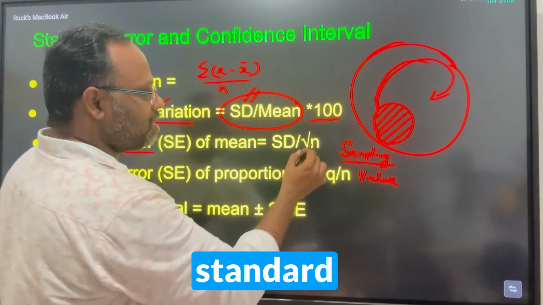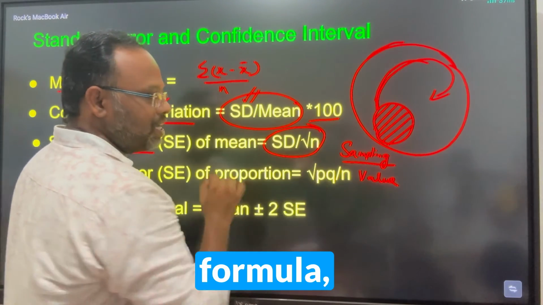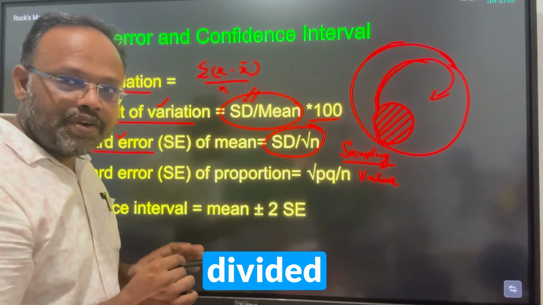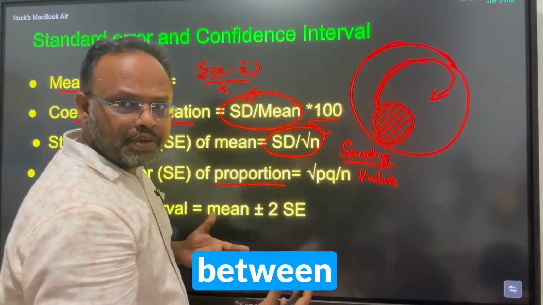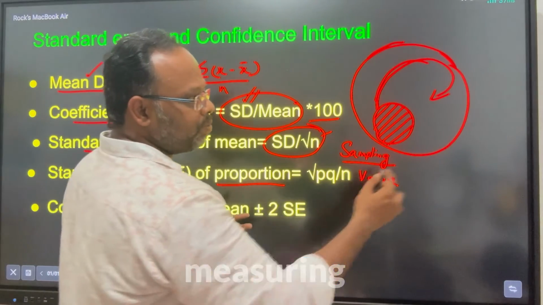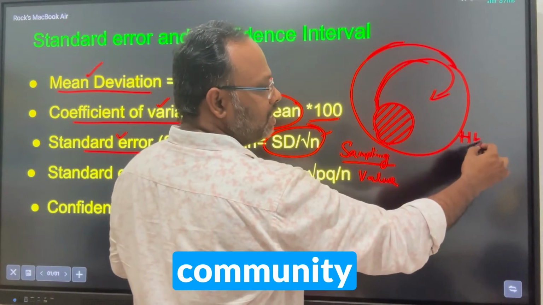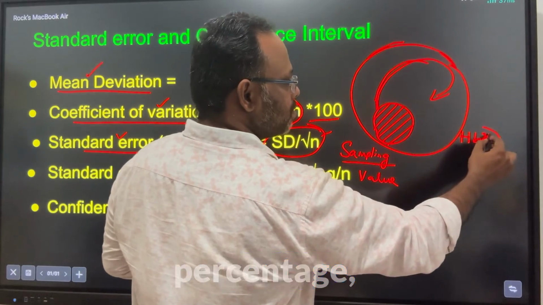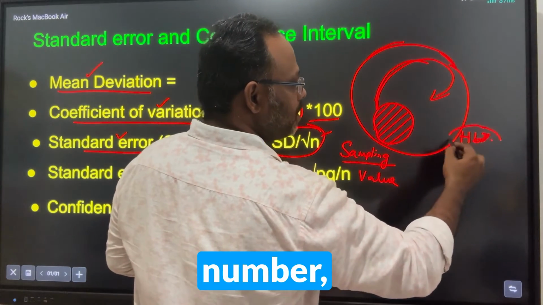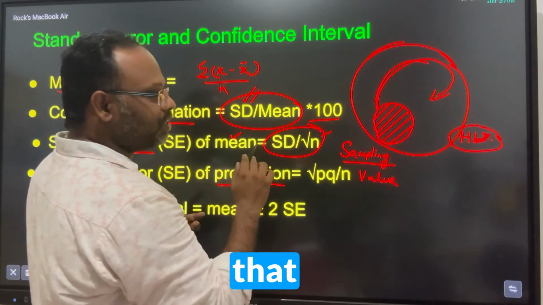So that standard error is given by the formula standard deviation divided by root of n. When you are dealing with proportion, what is the difference between mean and proportion? When we are measuring hemoglobin in the community, that is hemoglobin in grams percentage, then that is a number. So we calculate the mean of that value.